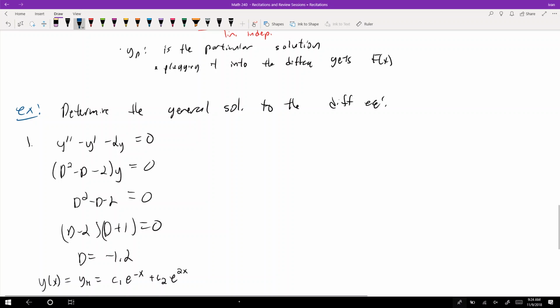Okay, and you see that this root ends up here, and the second root ends up in the other exponent. And so this is what your homogeneous solutions will almost always look like for constant coefficients.